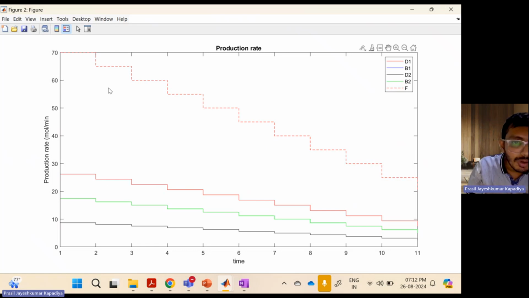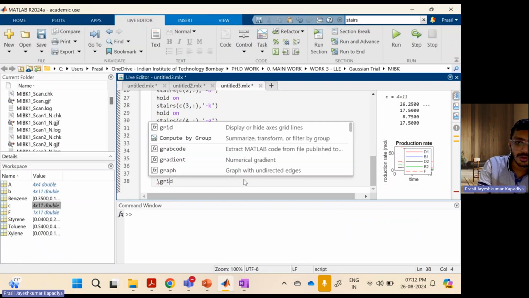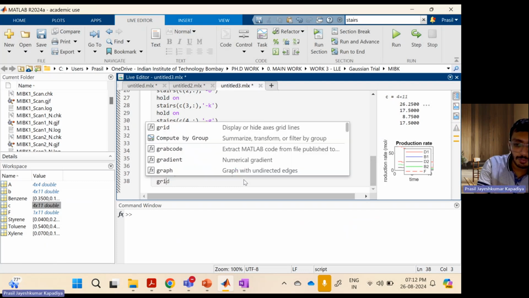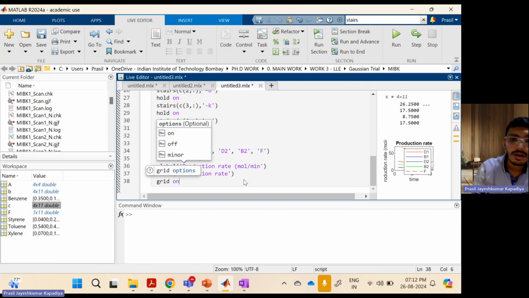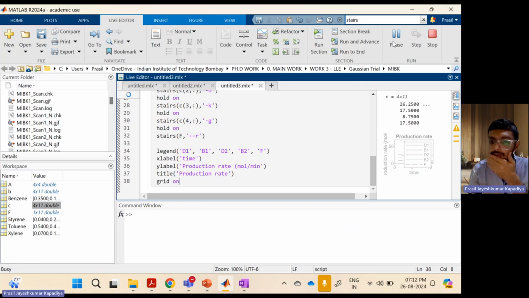Let's say I want to see what is this value. So let's say if here there are some lines, it will be useful, right? So we can also keep grid on. It will create some lines.